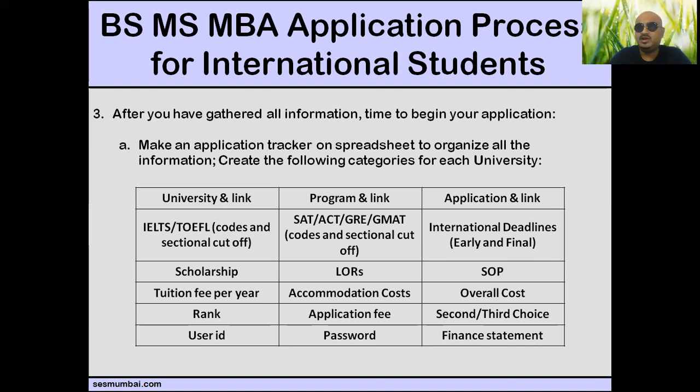So write down your user ID and password in that spreadsheet, because you don't want to search those emails and waste your time. With 4 to 5 universities, you will forget what the user ID and password would be. And finance statement, very important. Most universities these days ask for a finance statement. They want to know whether you can afford it, so they want to see a bank statement, basically who your sponsor is, etc.